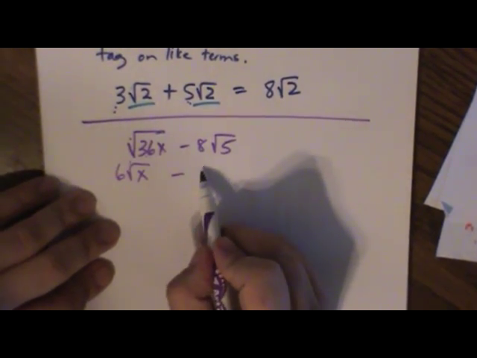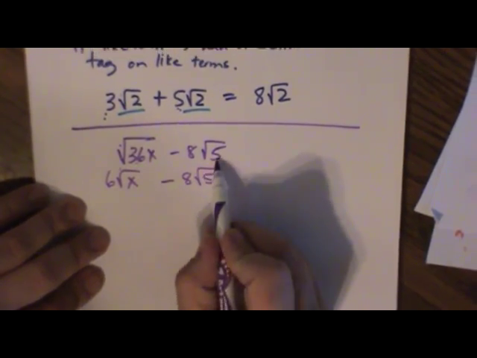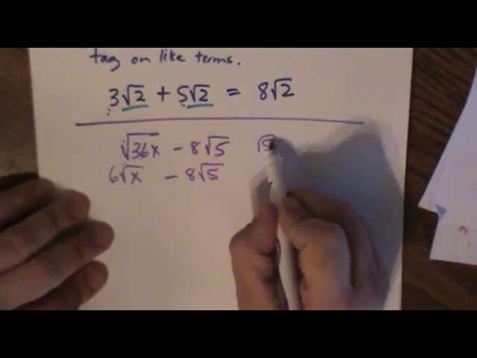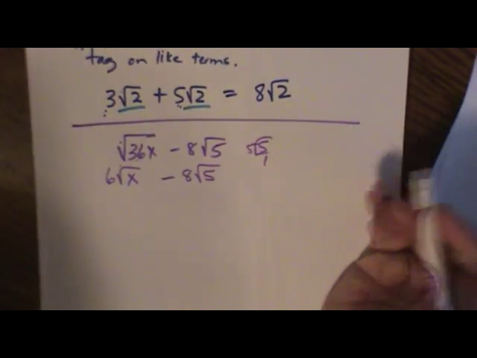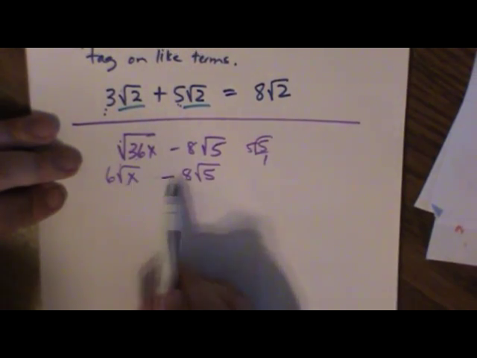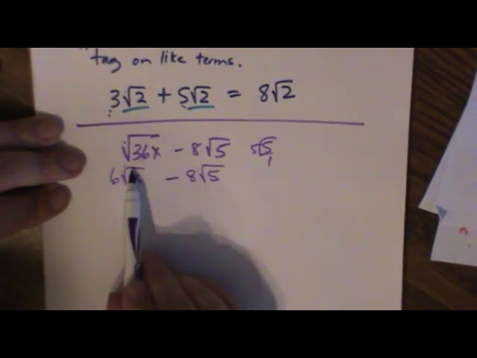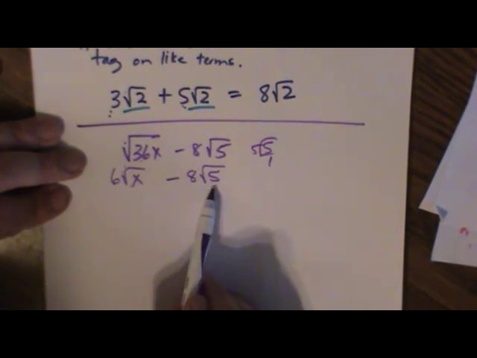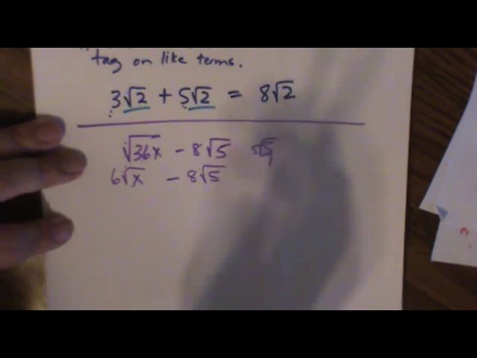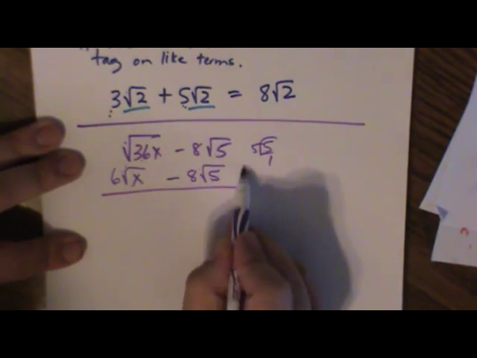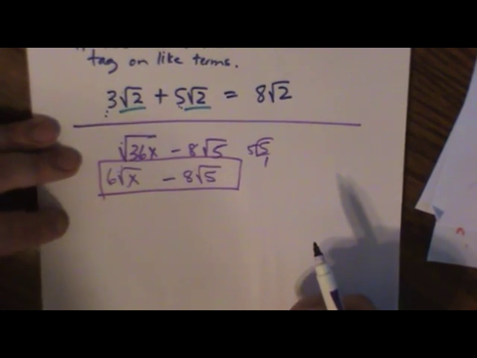However, on this one, we have 8 square root of 5, and 5 only has 5 and 1. So are these like terms? They have the same root, but not the same radicand. So you cannot add these two together. They are not like terms. That is your answer.